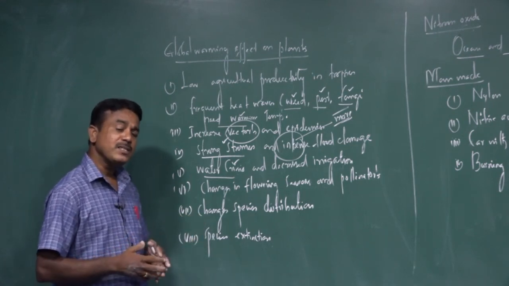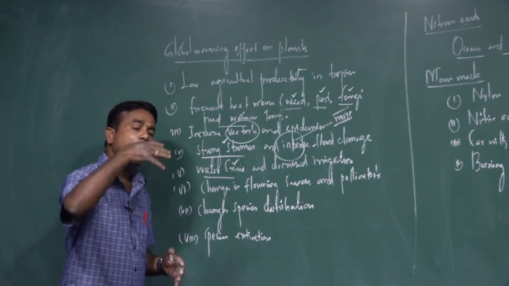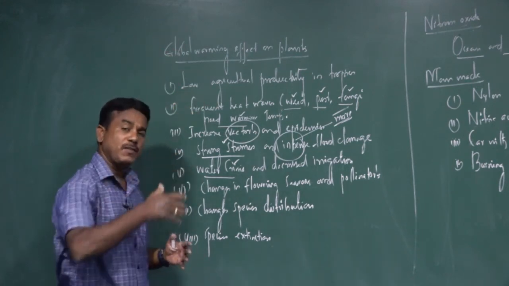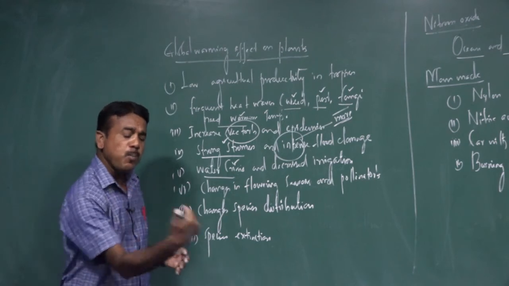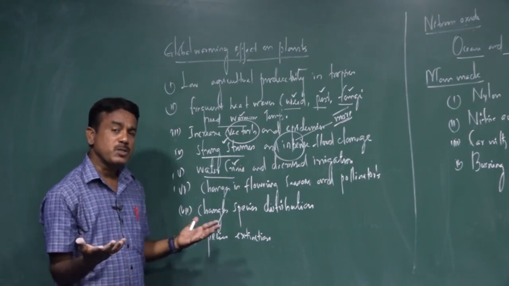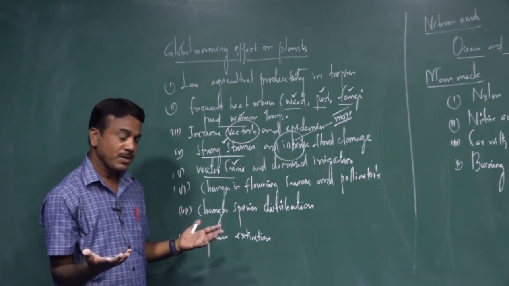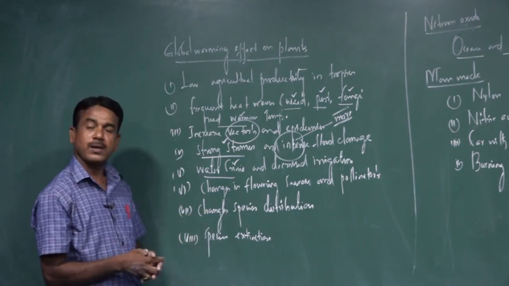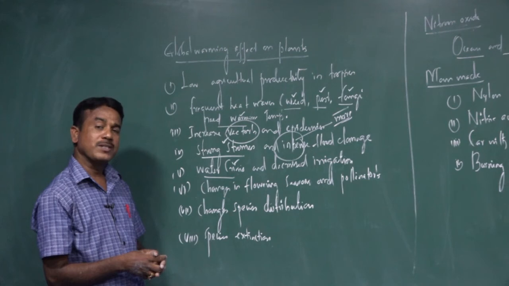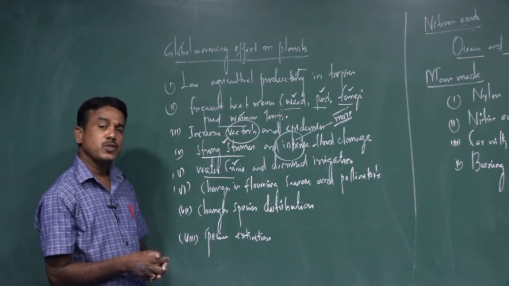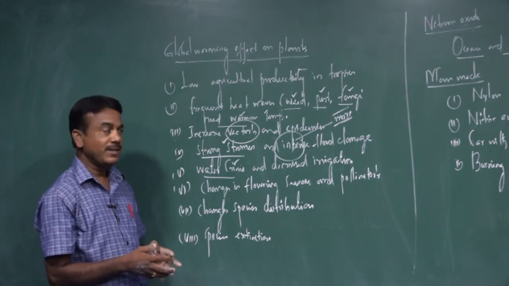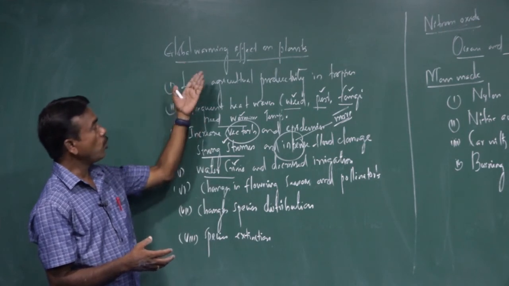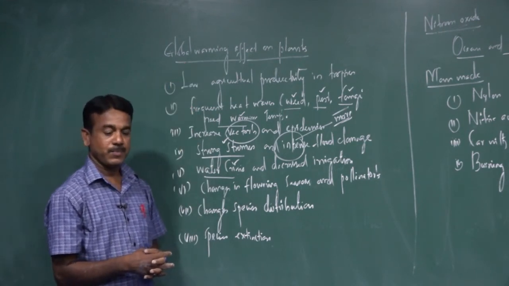Some species are carried by air to far away places. If there is no blow of air, how can species distribution happen? So species distribution changes. Last one, species will go extinct. That means species are going to die. This is the global warming effect on plants.